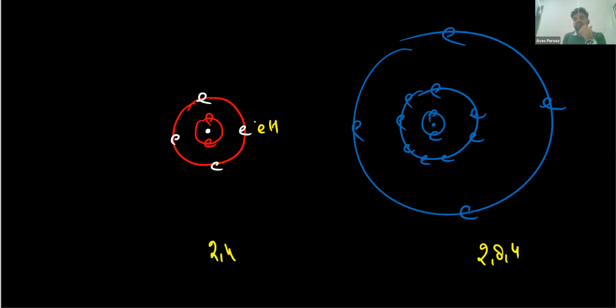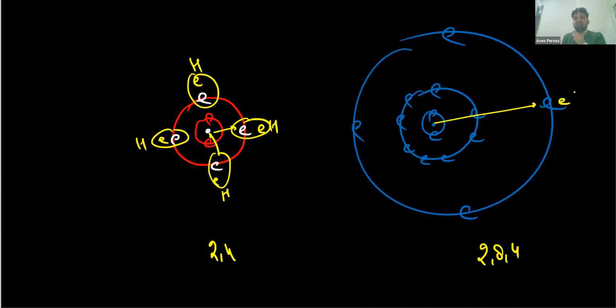So the bonded pair of electrons in carbon is nearer to the nucleus, so they can be easily held by the positively charged nucleus. But in silicon, the bonded pair of electrons is far away from the nucleus, so the bond is not so stable and not so strong.